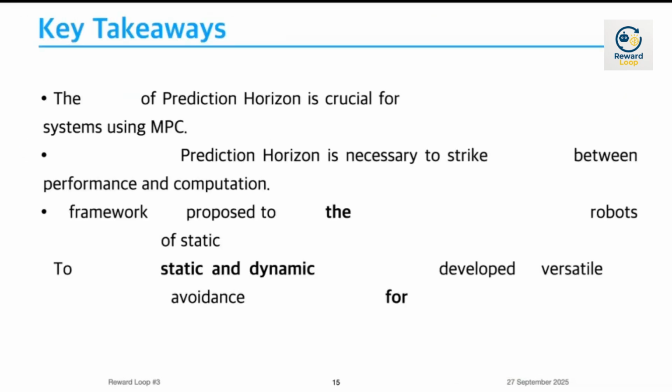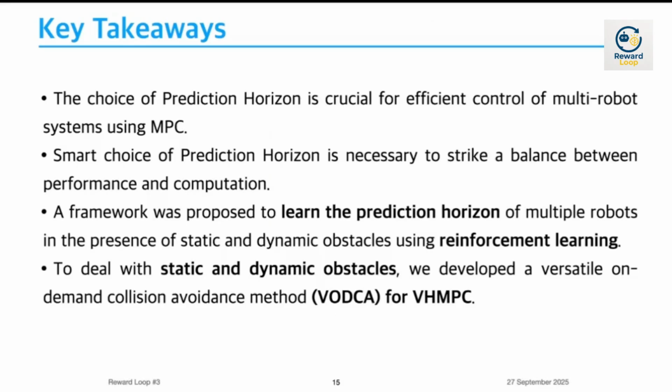So basically, the key takeaways of this presentation are that the smart choice of prediction horizon is very much required for the performance of the model predictive control for multi-robot systems. And the prediction horizon value basically determines a balance between your computation and your performance.